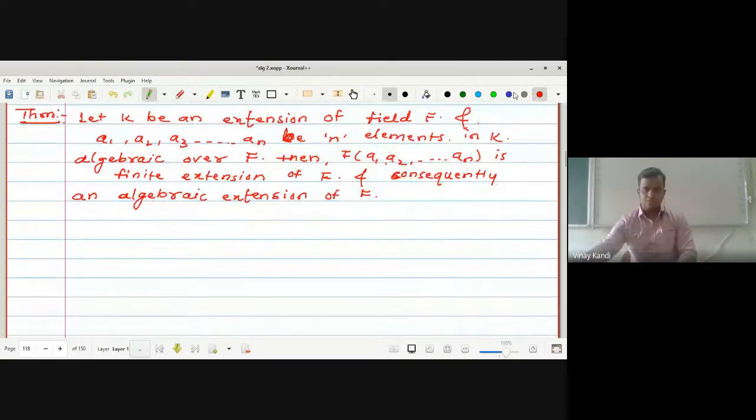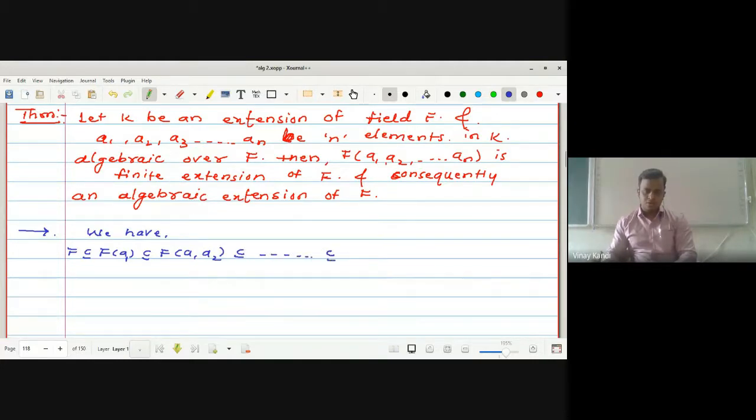We have F is contained in F of A1, which is contained in F of A1, A2, which is contained in up to so on, F of A1, A2 up to so on An, which is contained in K. What we have to do is show that this extension of F is a finite extension.